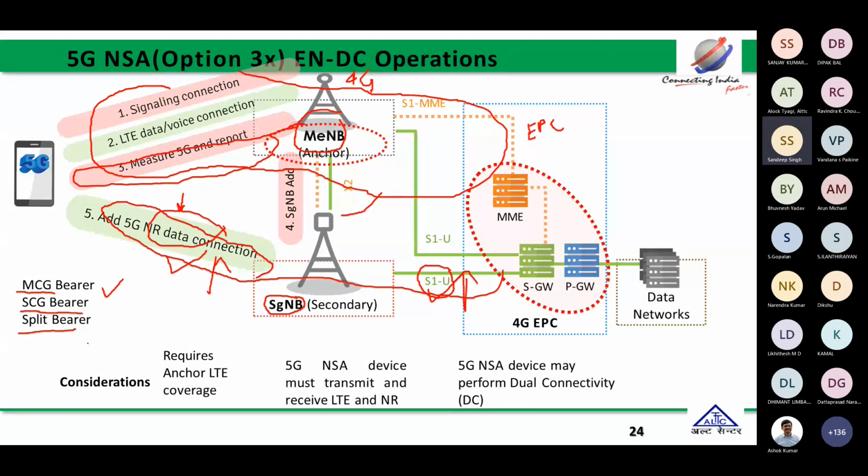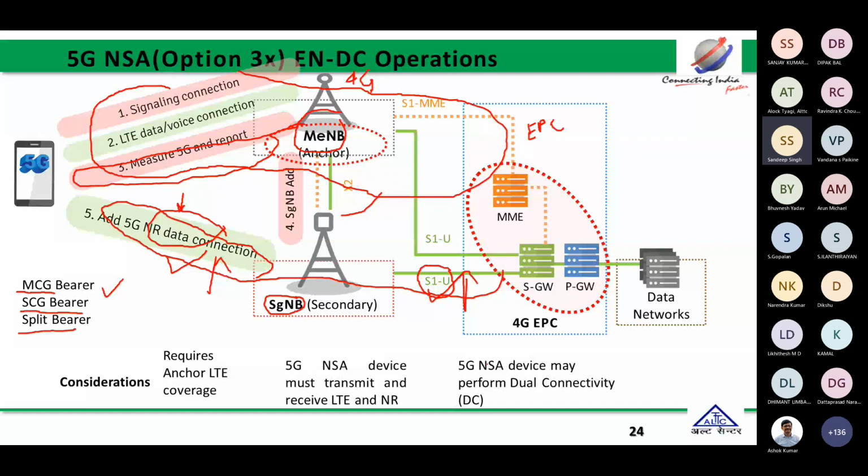Split bearer is also of two types: MCG split bearer, master cell group split bearer, and secondary cell group split bearer. When the data is split from the master eNode B towards the secondary eNode B, it is known as the MCG split bearer.